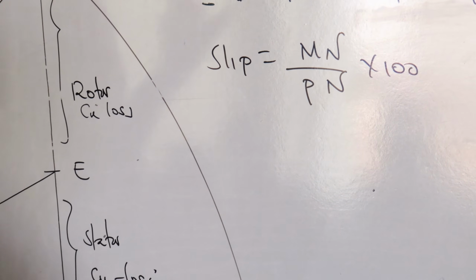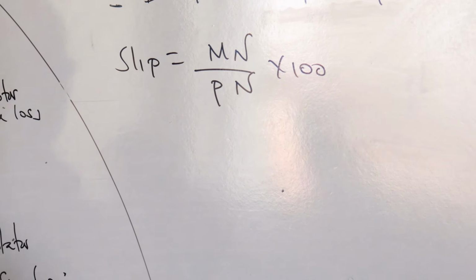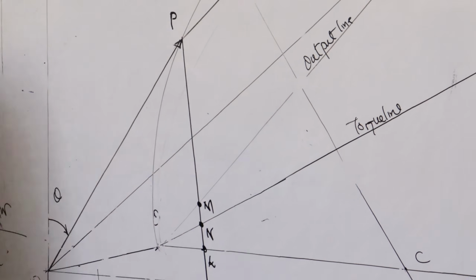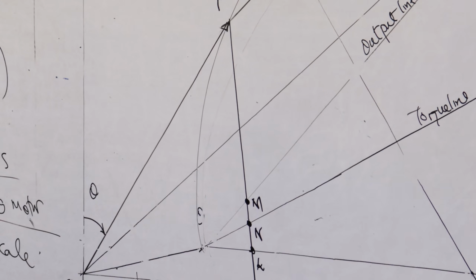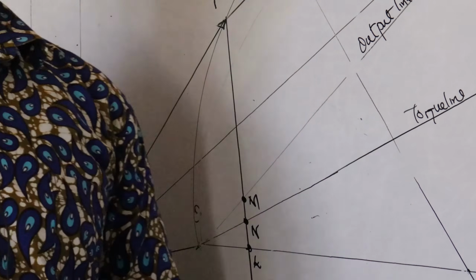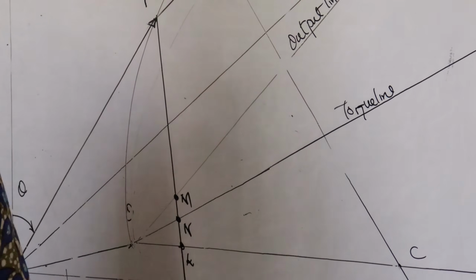Slope is the ratio of MN over PN. Slope should be tending to 0.0.